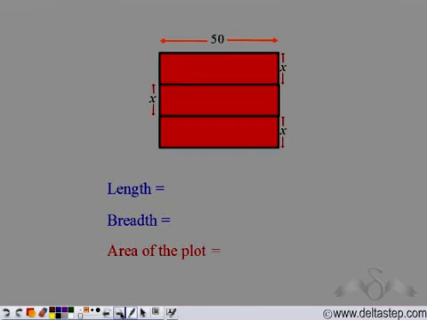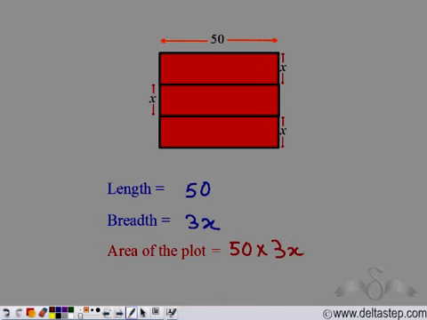Next, he comes across this plot of land. Its length is 50 units, but breadth is 3 times that of the earlier plot. So length is 50 units and breadth is 3 times X. We can call it 3X. Area of the plot is length into breadth, which is 50 into 3X.